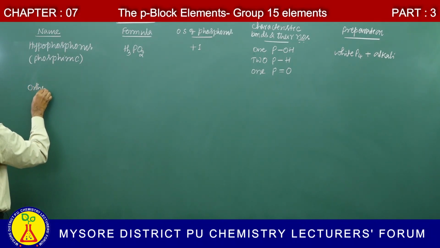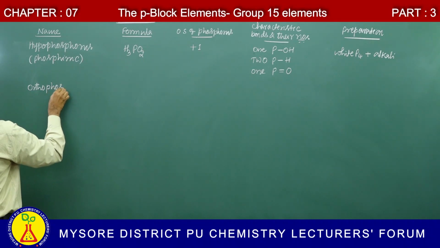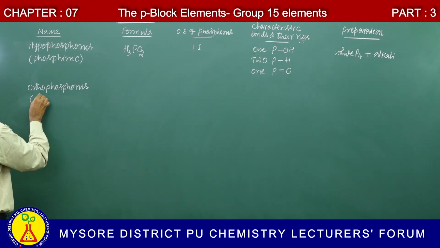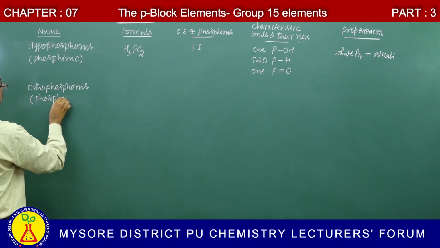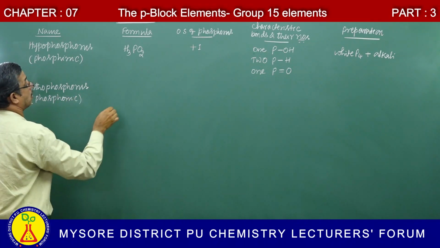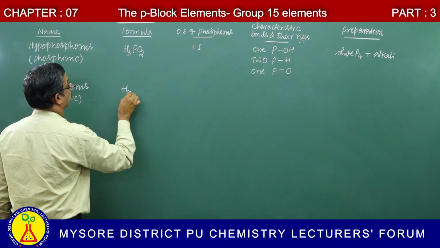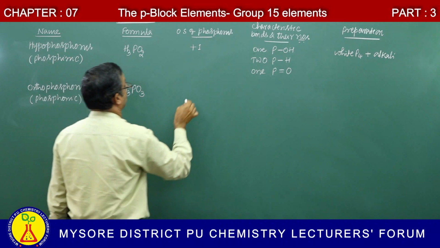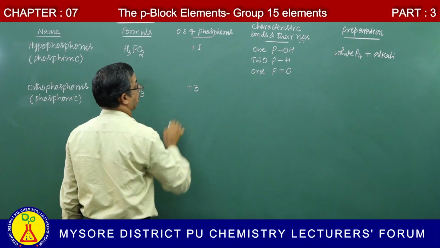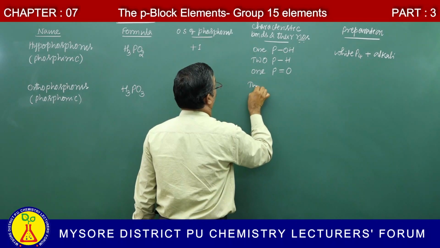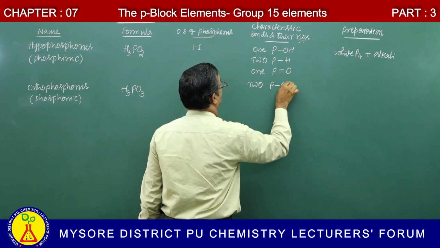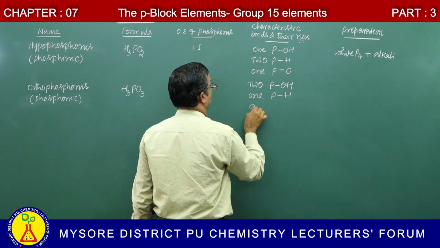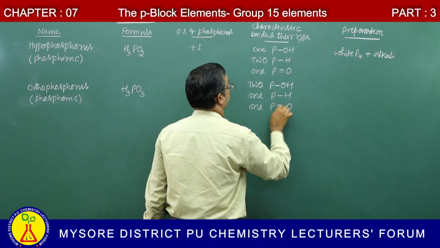Second one, orthophosphorus, this is phosphonic acid. Formula of orthophosphorus is H3PO3, oxidation state plus 3, and 2 POH, 1 PH, and 1 P double bond O bonds.